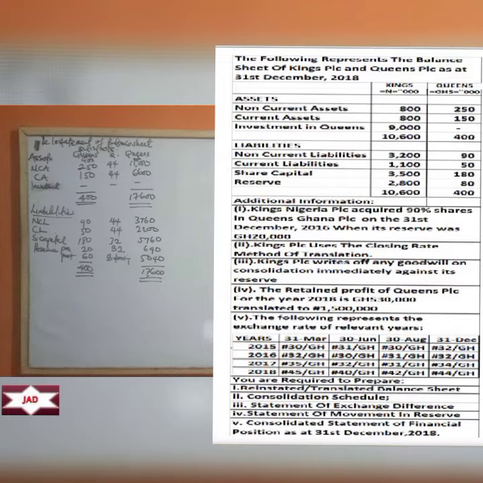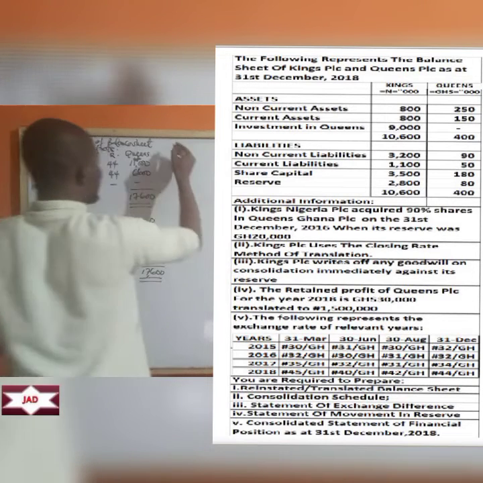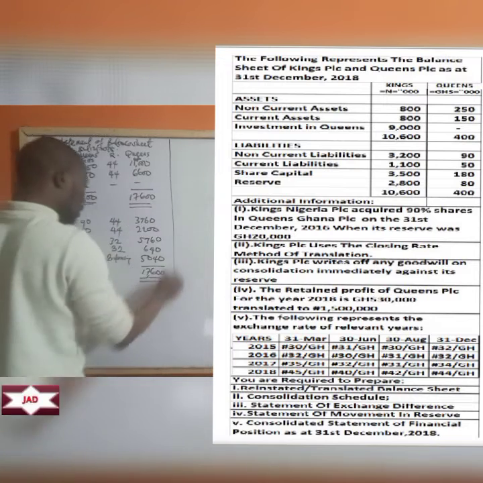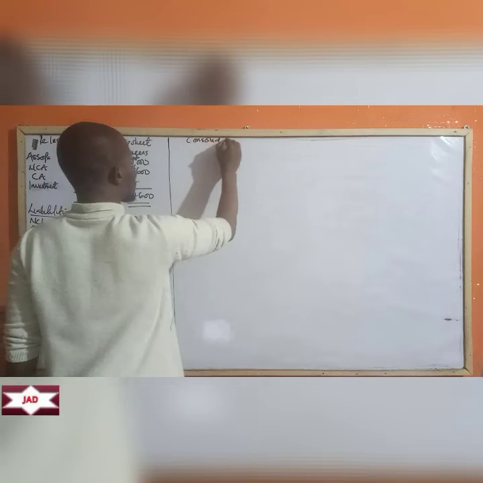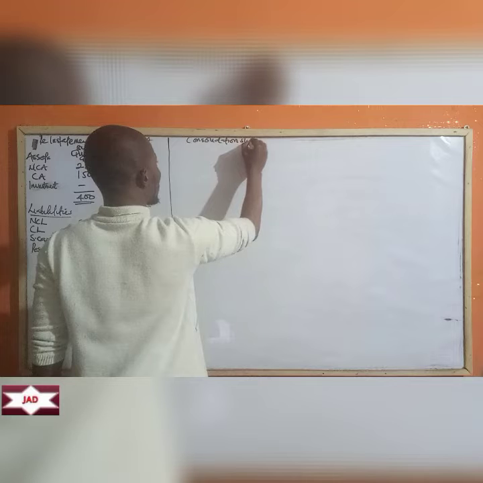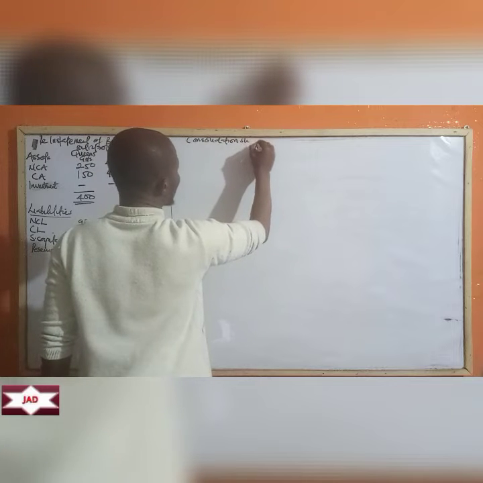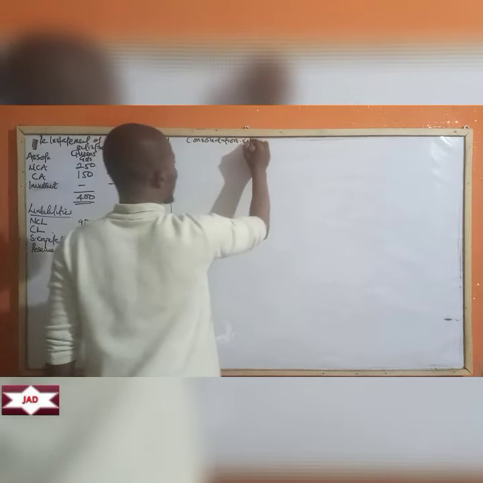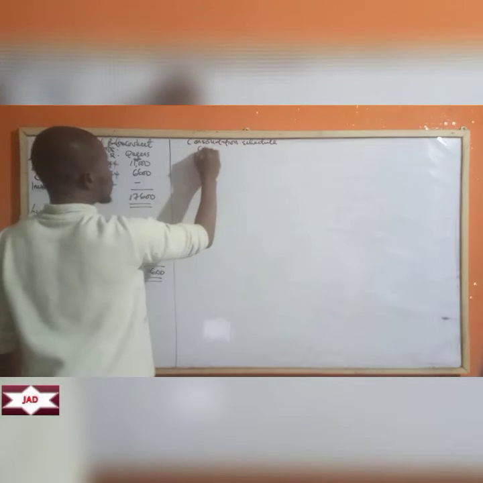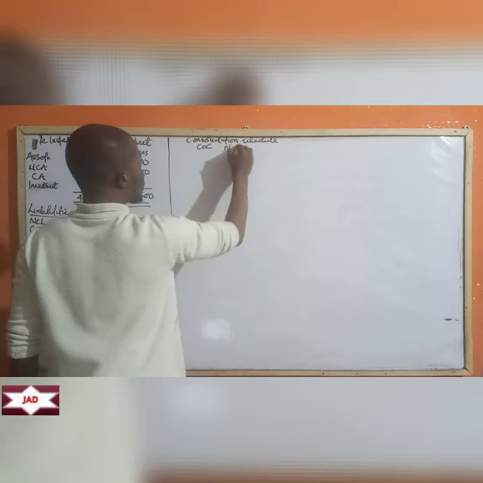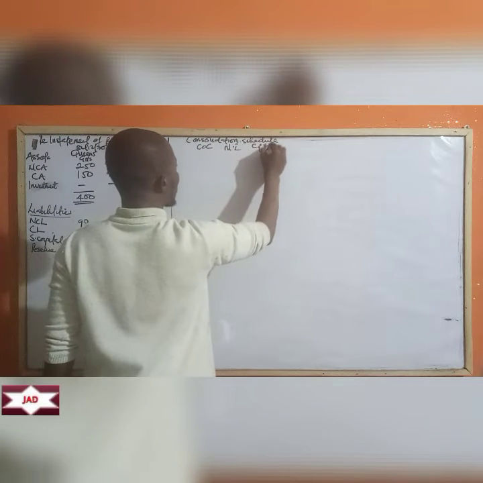So let's have that here: cost of control, minority interest, CP and L.